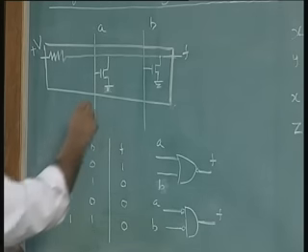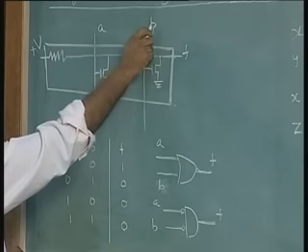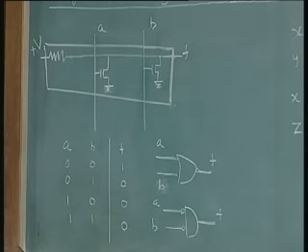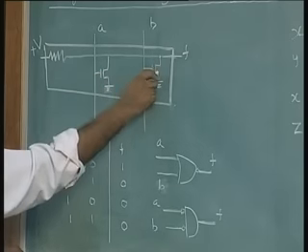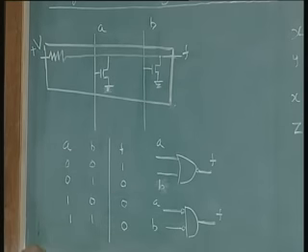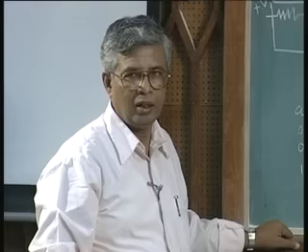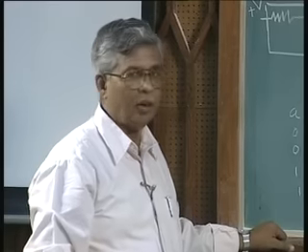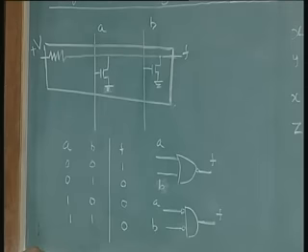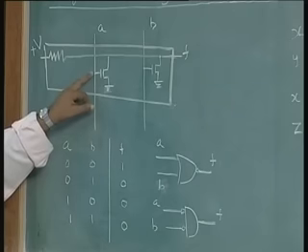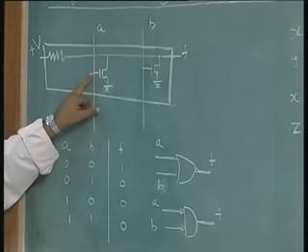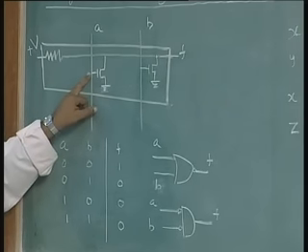Now when both are 0, A is 0, B is 0, these switches are nothing but N channel MOSFETs. An N channel MOSFET will conduct when the gate voltage is high, and will be cut off when the gate voltage is low.